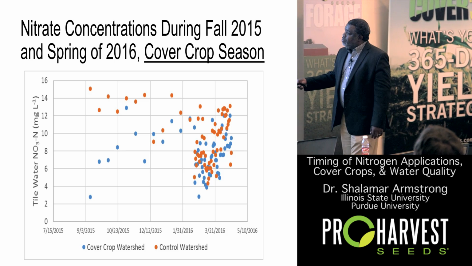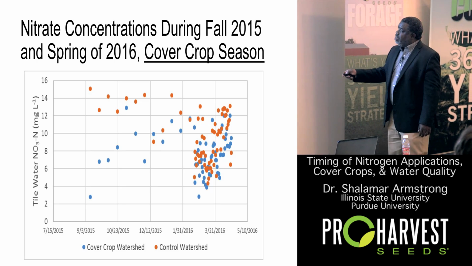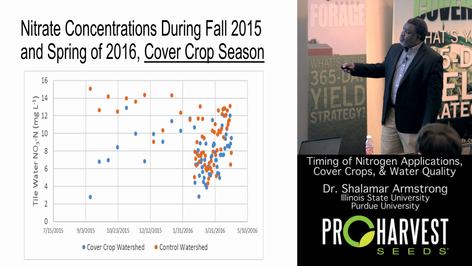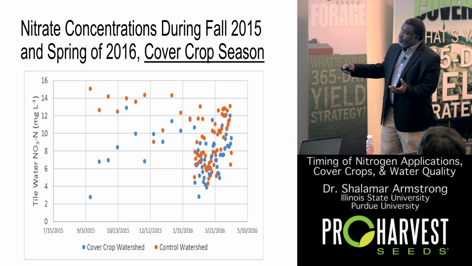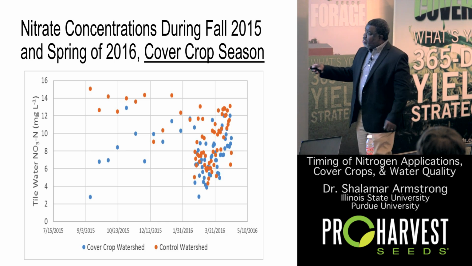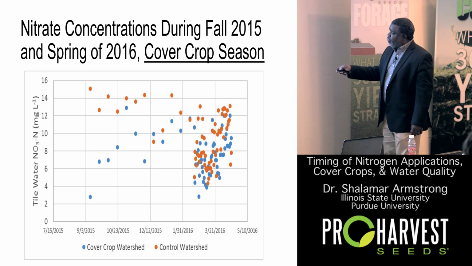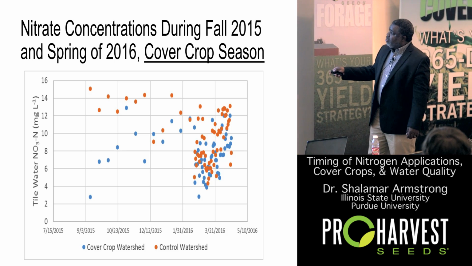So basically, in 2015 fall, you start seeing an effect on the concentration of cover crops. The blue dots are cover crop tile water, the impact of cover crops. The orange is the control. And then when things started warming up, things froze off, everything dropped, right?